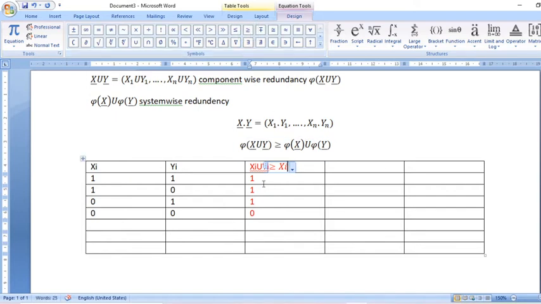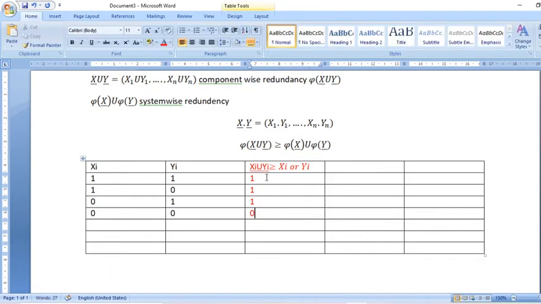Is it right? Oh, yi. What is the reason? Xi union yi, that is 1. 1 is greater than or equal to 1. Okay. Here xi union yi is 1. 1 is greater than or equal to 1. Here xi union yi is equal to 1.